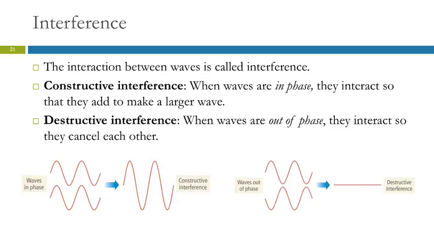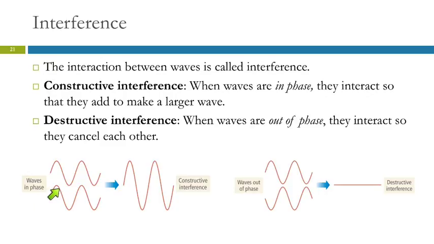Another characteristic of waves is that they can interfere with each other. When two waves interact, it's called interference. And this interference can be either constructive or destructive. So here we have two waves that are in phase.